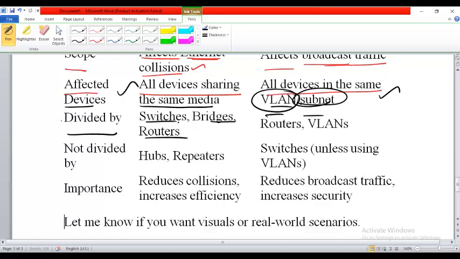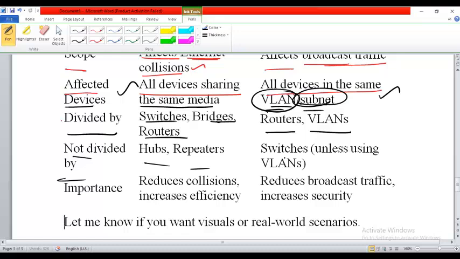Each VLAN is a broadcast domain. The collision domain is not divided in a hub and repeater, whereas the broadcast domain can be divided by creating VLANs, which is a later topic. But you should have understood already what a VLAN is. We take one big broadcast domain and break it into small broadcast domains.